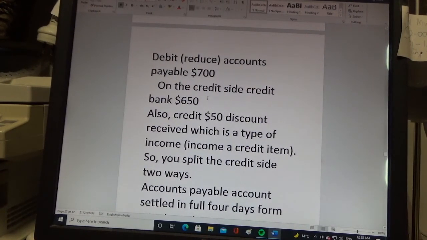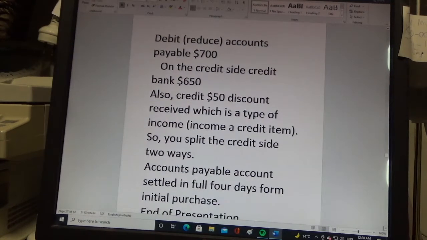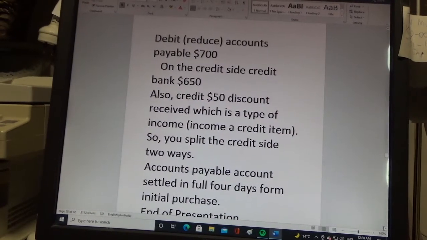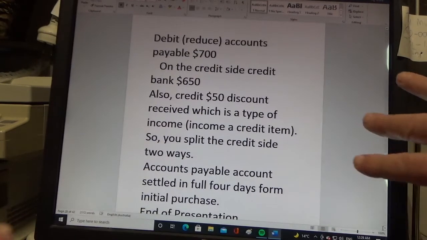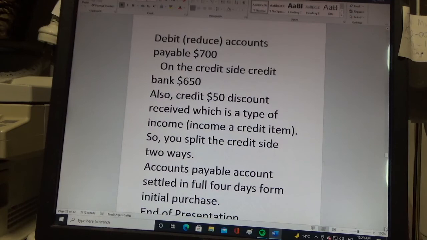So that's on the credit side, because income is a credit item on the P&L statement. Okay. So in this example, you split the credit side two ways, and the debit side has just got the one part of the transaction.